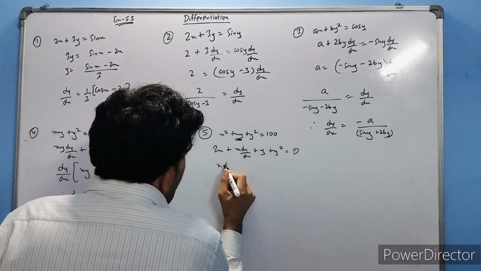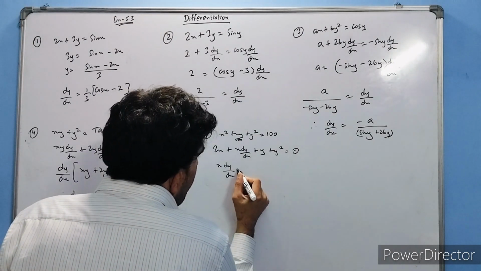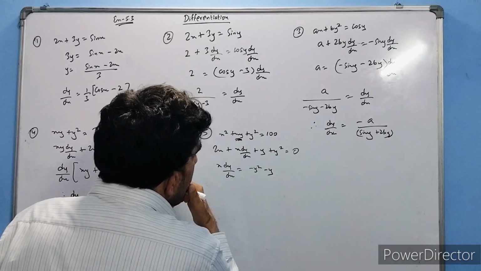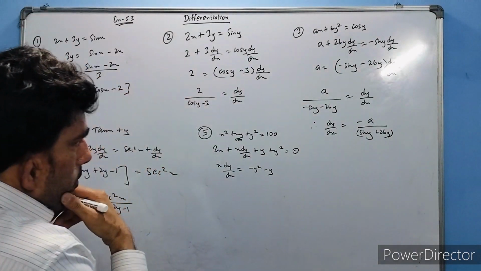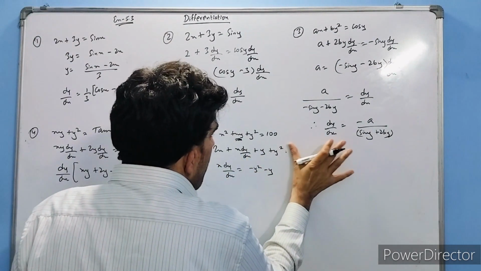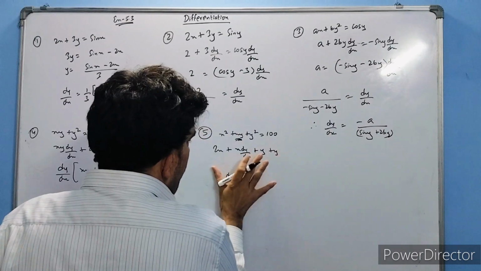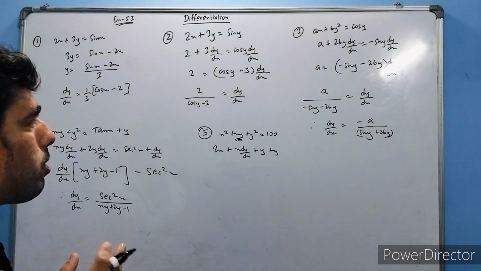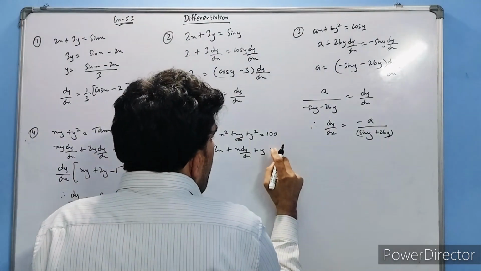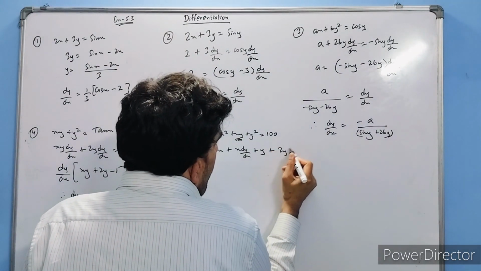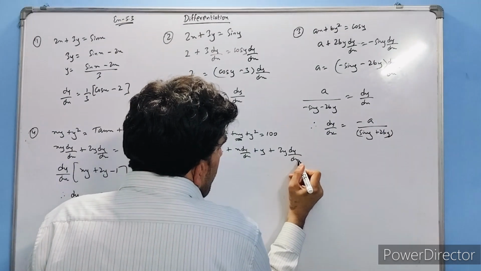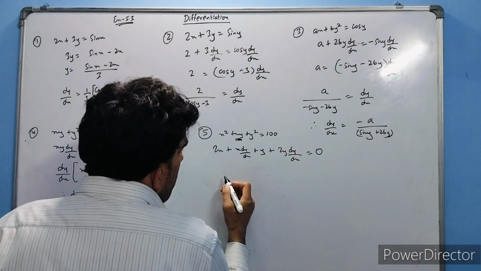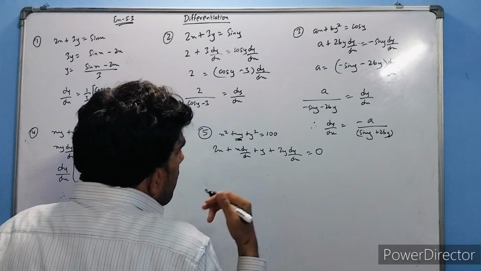So now we have 2x plus x dy upon dx plus y plus 2y dy upon dx is equal to 0. Take the other side apart from dy upon dx.